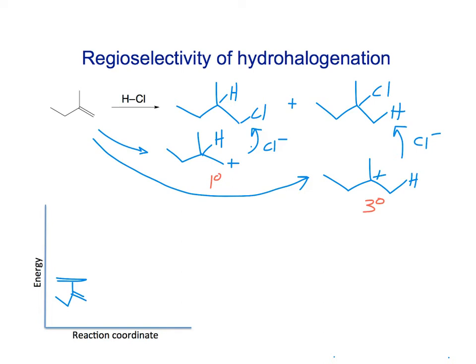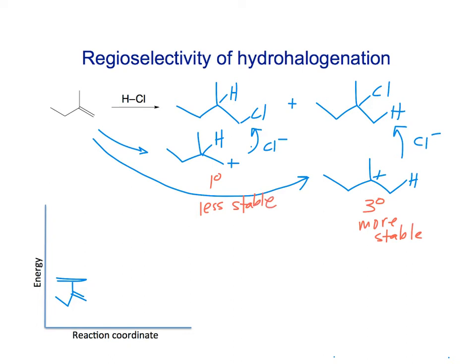The more substituted a carbocation is, the more stable it becomes, because the alkyl groups attached to the carbocation are able to donate some electron density to help stabilize it. So this tertiary carbocation would be more stable. The primary would actually be quite less stable.